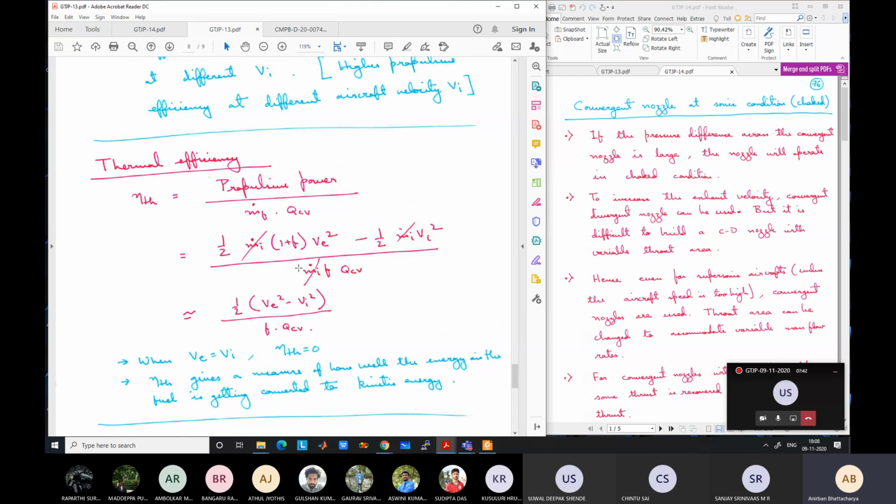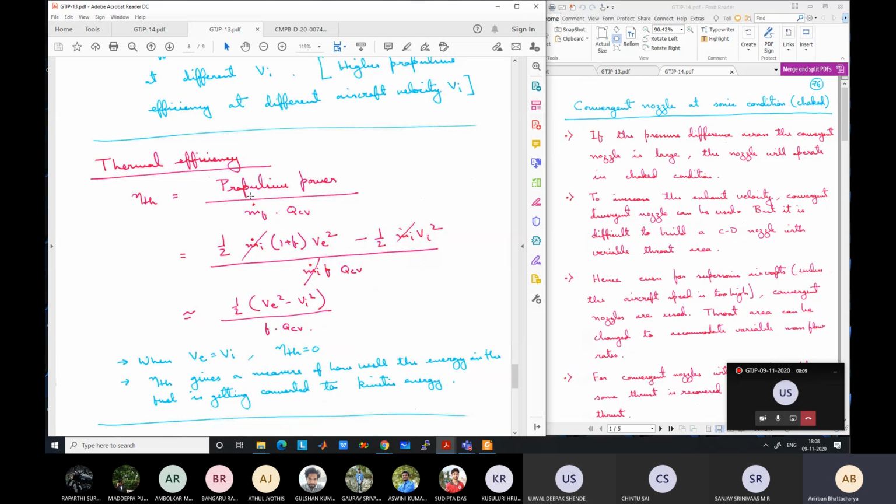The other performance parameter you are already familiar with. Okay, the second important parameter for quantifying the efficiency of jet engines is known as thermal efficiency. It is defined as the ratio of the propulsive power that is generated to the energy that is contained in the fuel.